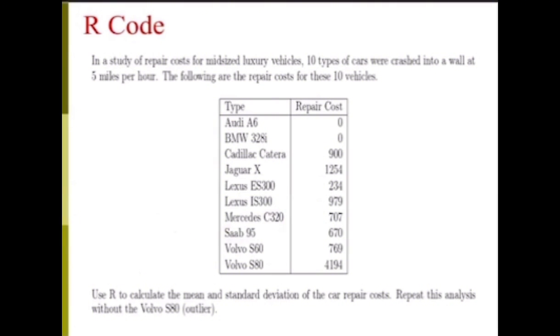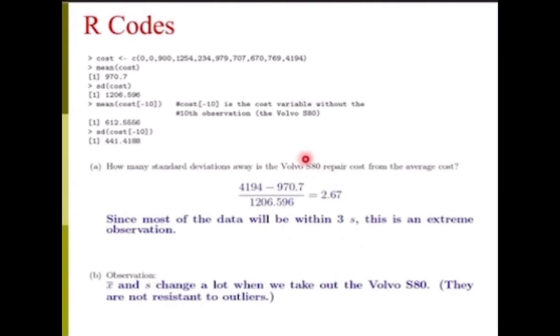Now this is what we do. Oh my God, this is giving 2.67. The meaning of that 2.67 is the number of standard deviations above the mean, above the center.